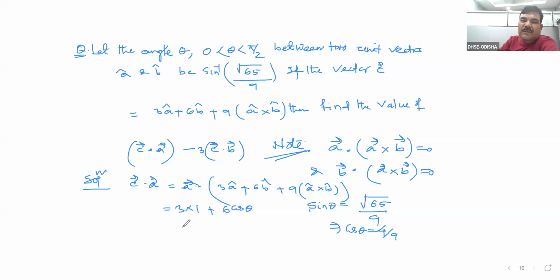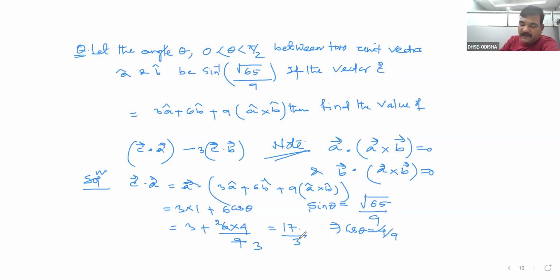So this is equal to 3 plus 6 into 4 by 9. So if we cancel 3, this will be 3, this will be 2. 3 3 is 9 plus 8, 17 by 3.